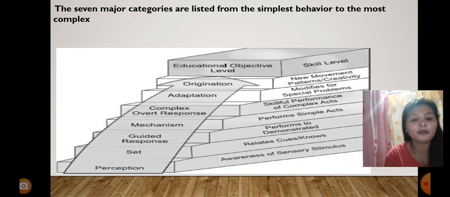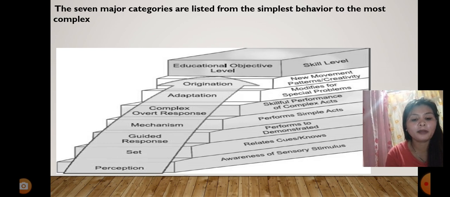The skillful performance of motor acts that involve complex movement patterns. Proficiency is indicated by a quick, accurate, and highly coordinated performance requiring a minimum of energy. So these categories include performing without hesitation and automatic performance.